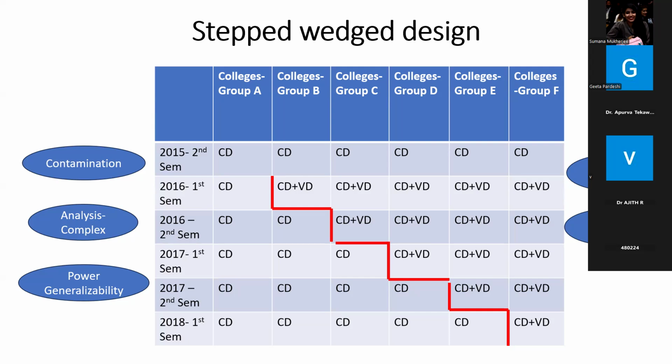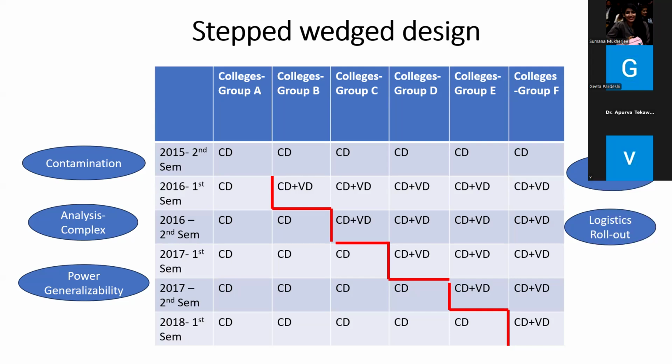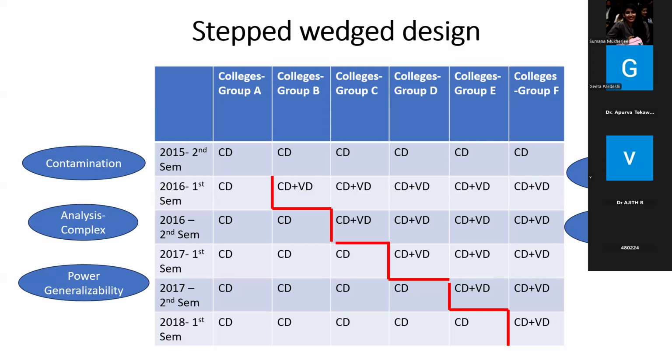Yes, it is possible, but there is a problem of contamination. That is, students who have experienced the virtual dissection can share their experiences and make an attempt to explain to others, and that would contaminate the findings of the study. So within the institute, for this kind of question, it would be difficult, but across different institutes, the risk of contamination would be less.